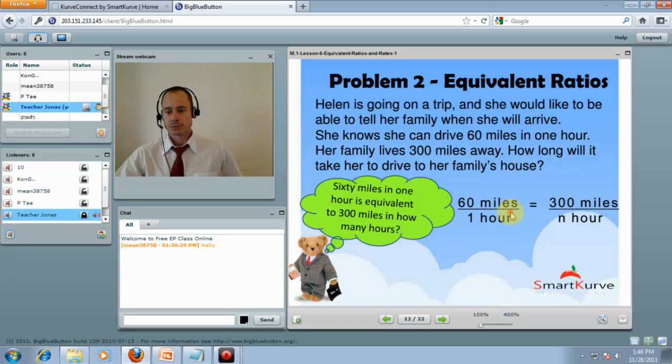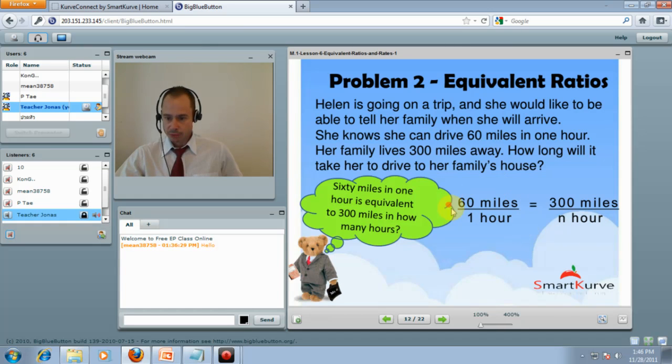So, the first ratio is 60 miles in 1 hour. That is what you know she can do. The second ratio is 300 miles, but you don't know how long it will take. Then you can put the variable n, in this case n hours, or you can put x, it doesn't matter. This is the variable that we want to calculate.